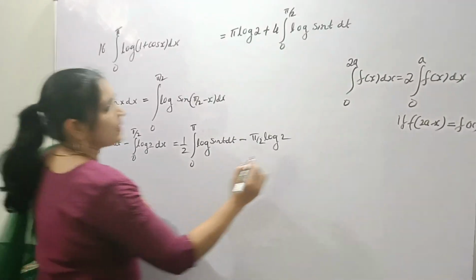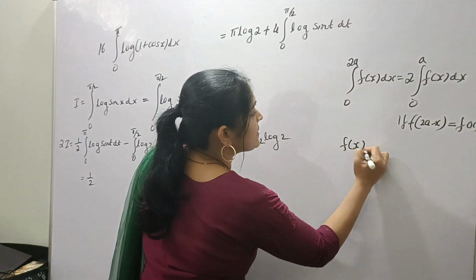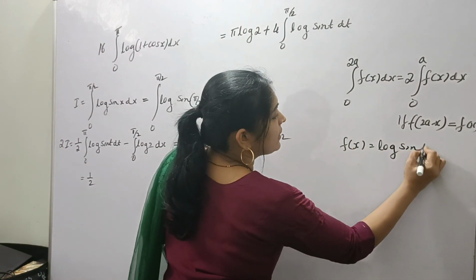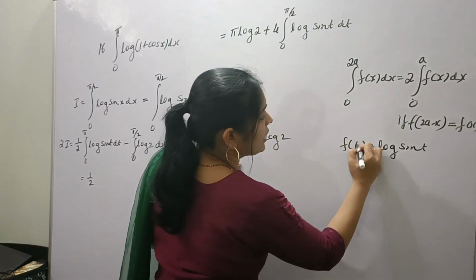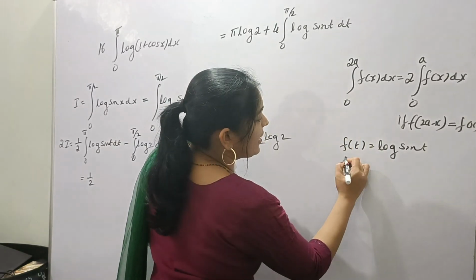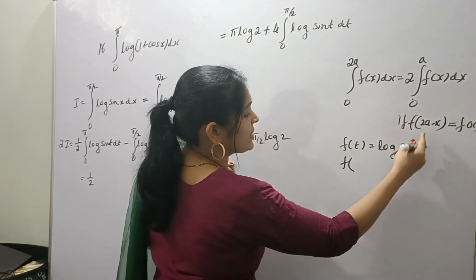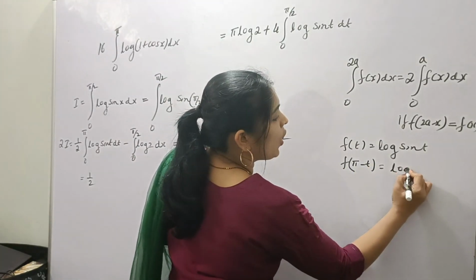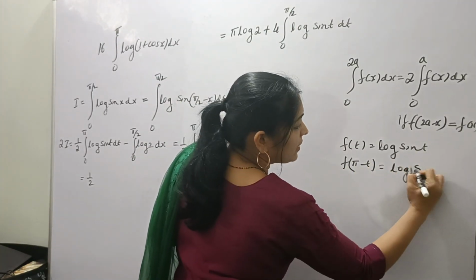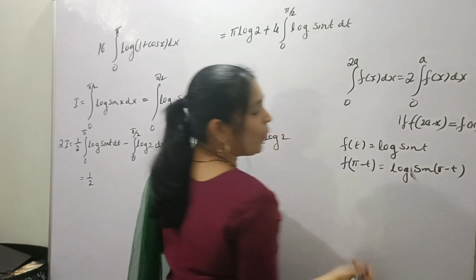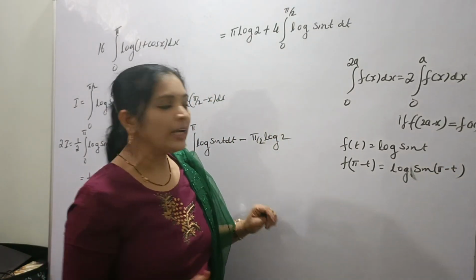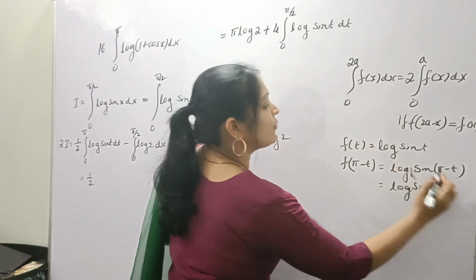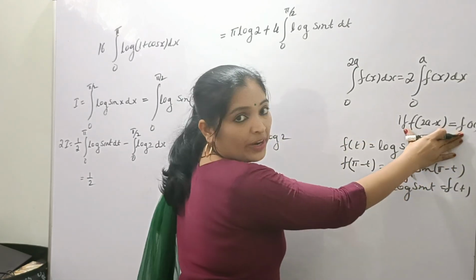Here f of t is equal to log sin t. So what is f of 2a minus t? Here 2a is pi, so pi minus t, that is log of sin of pi minus t. What is sin of pi minus t? Sin t itself, right? So it is log sin t, which is nothing but f of t. So it is satisfied, right?